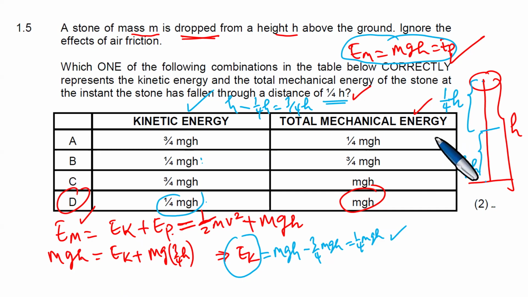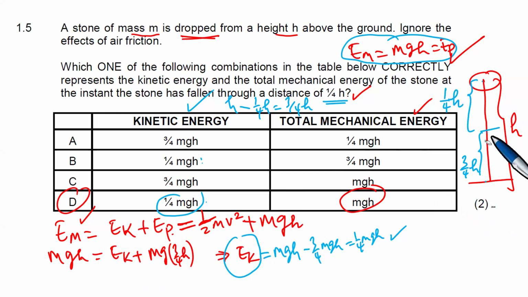Then you have the kinetic energy, which is EK, and the potential energy after the stone has fallen 1/4 of the height. It's mg times the height, and the height is 3/4 of h that is remaining. Mechanical energy is mgh at the top, because it's not moving; there's only one form of energy there, which is potential.